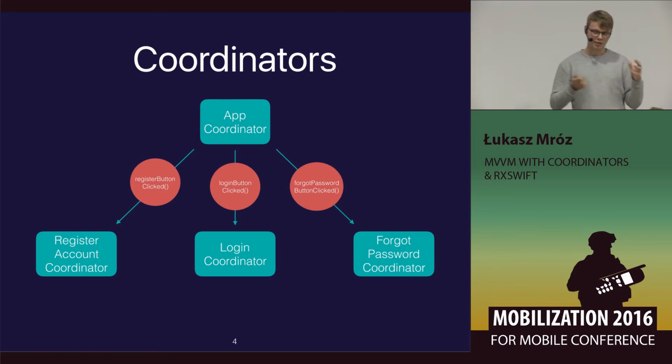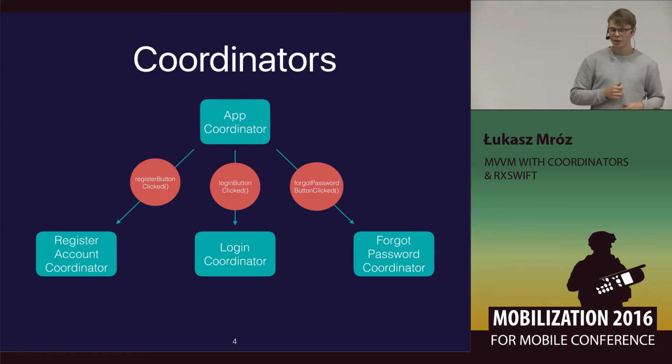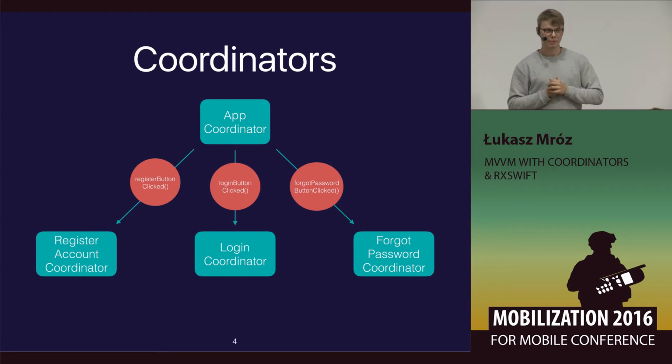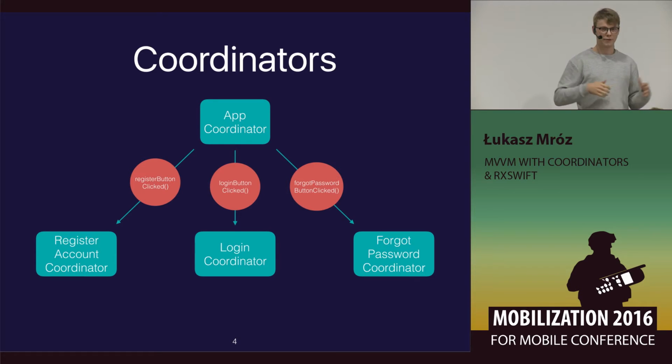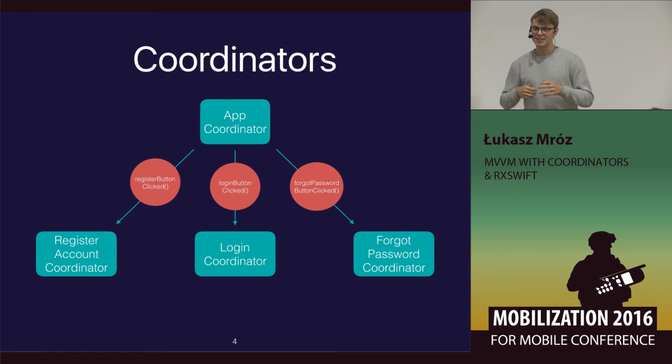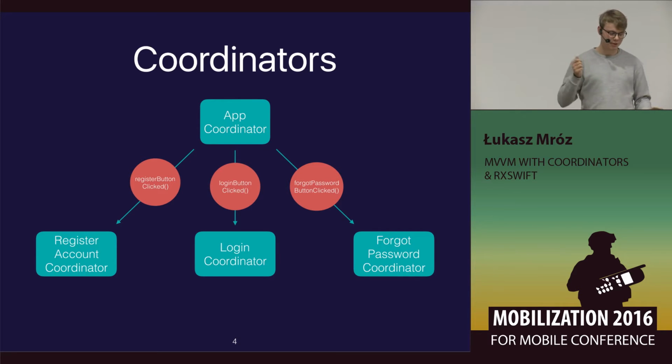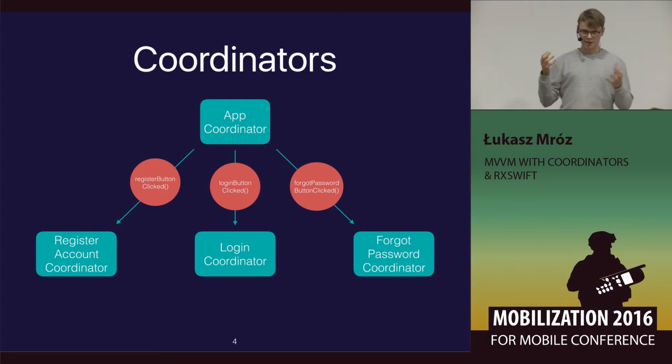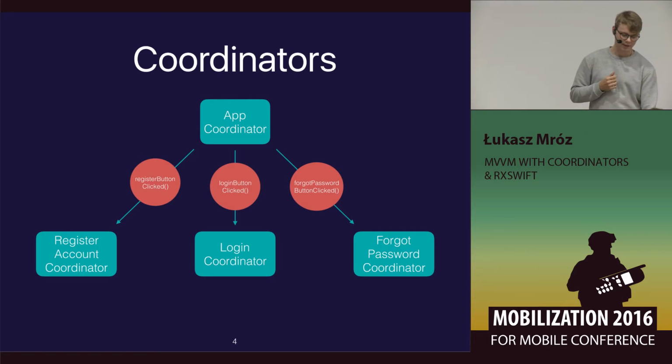So how does it look in an application? Well, we should have at least one app coordinator, which starts in the app delegate and coordinates the flow of the first screens. But let's say we have a first screen with buttons. There's a register button that gets clicked, and we have another coordinator. Why?